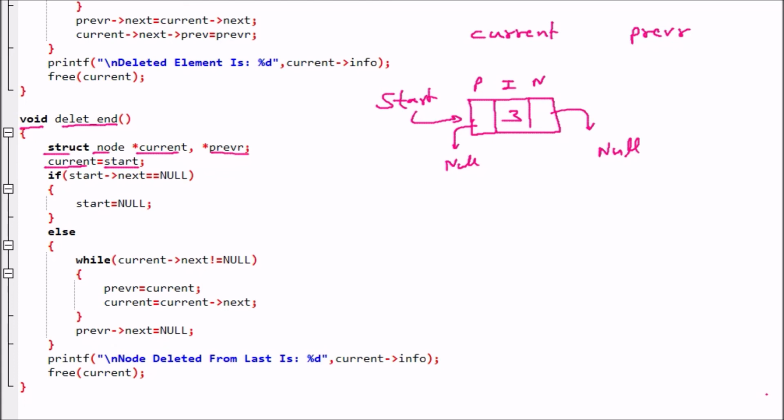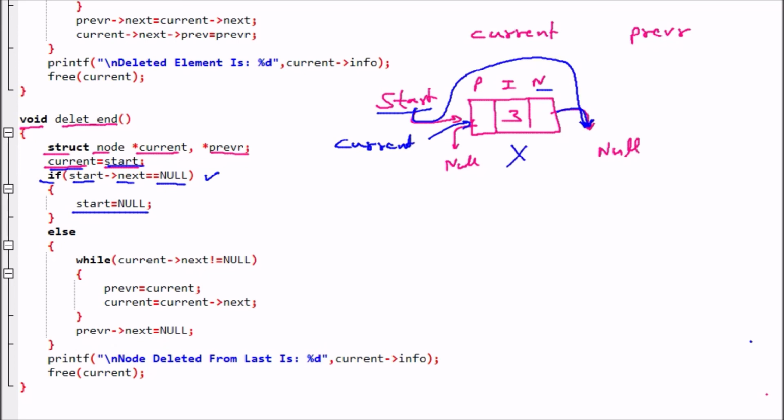Now here we are mentioning if start next is equal to null. Before that we have mentioned current is equal to start. If start next is equal to null, so start next is null. Yes, there is only one node. So start is modified to null. So that means this node is now no more the part of start.